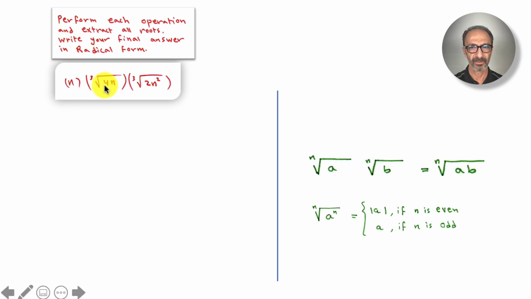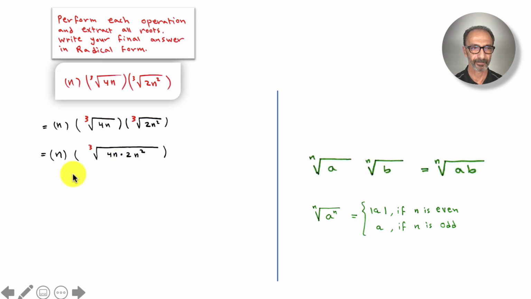n multiplied by the following, cubic root and cubic root. Let's highlight the cubic root. Let's put them together because they're both the same. Group them this way in one piece. Simplify inside. 4 times 2 is 8. n times n to the second is n to the third.